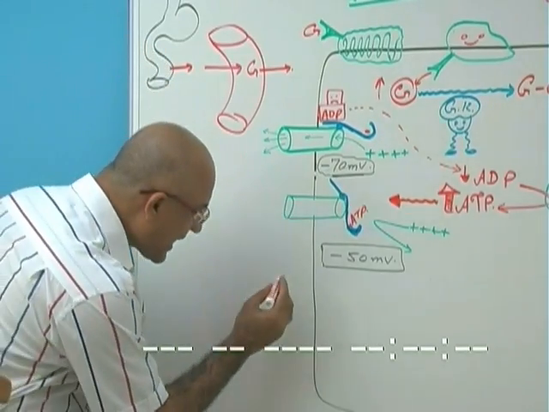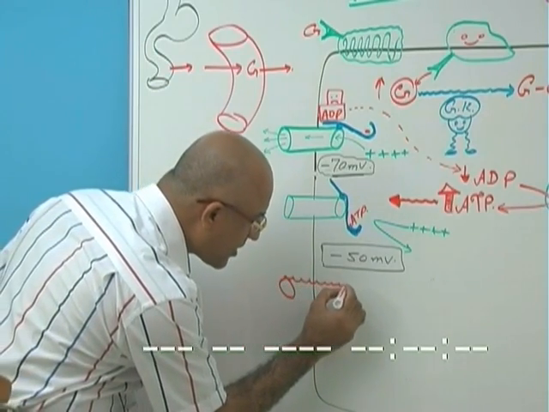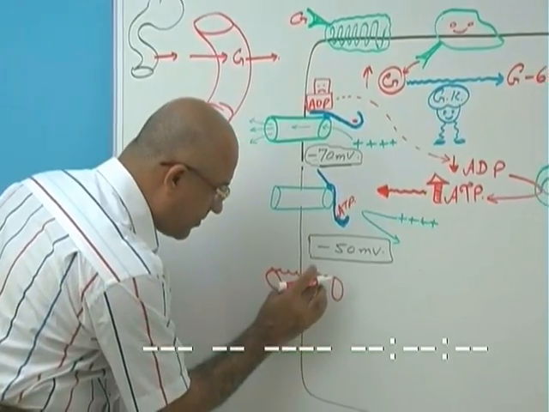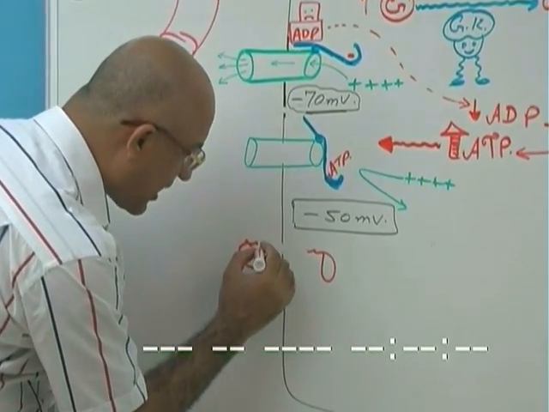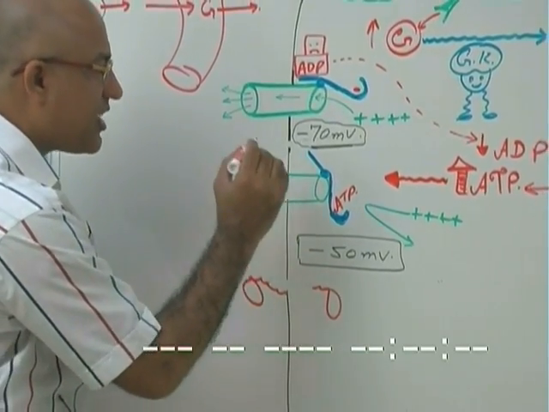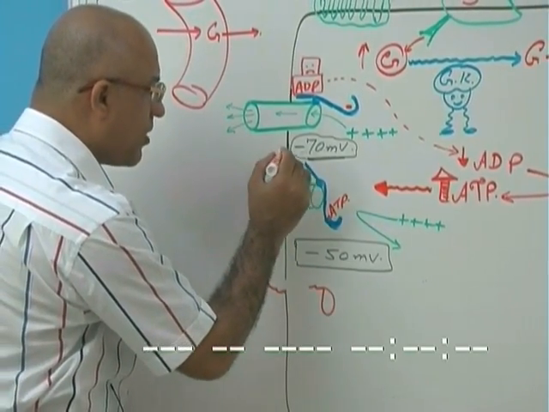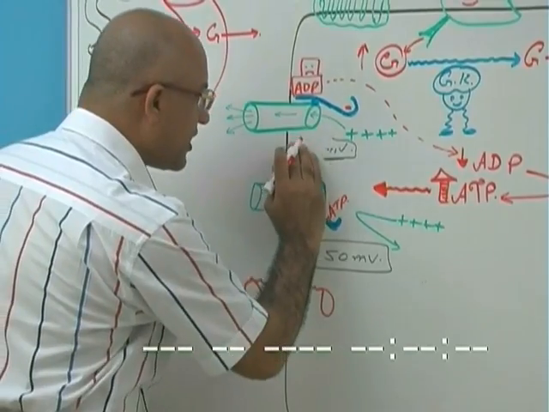Now look, what is this channel? This is a calcium channel, and it is called a voltage sensitive calcium channel.